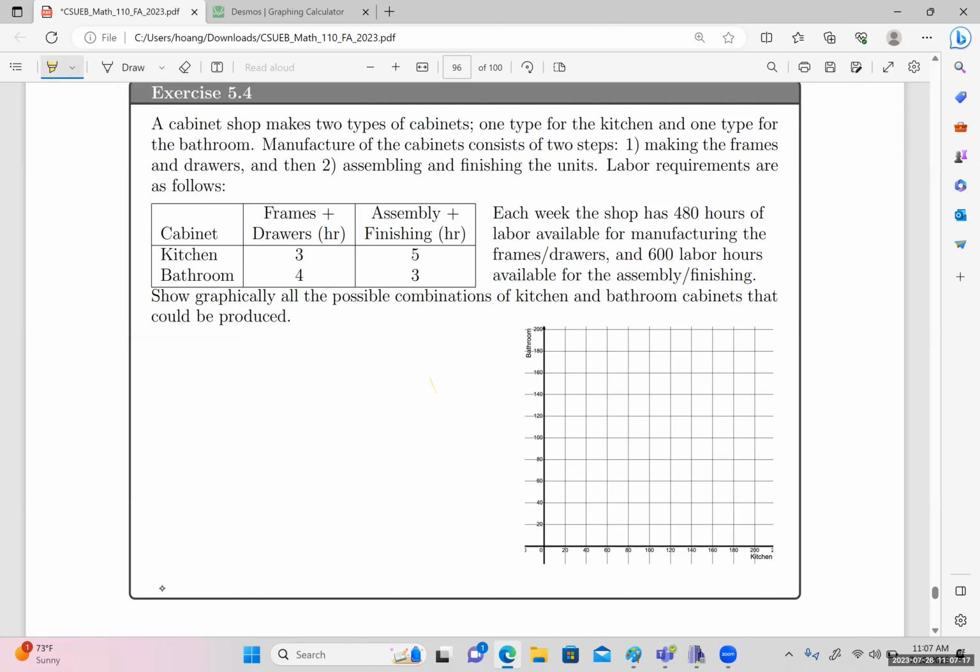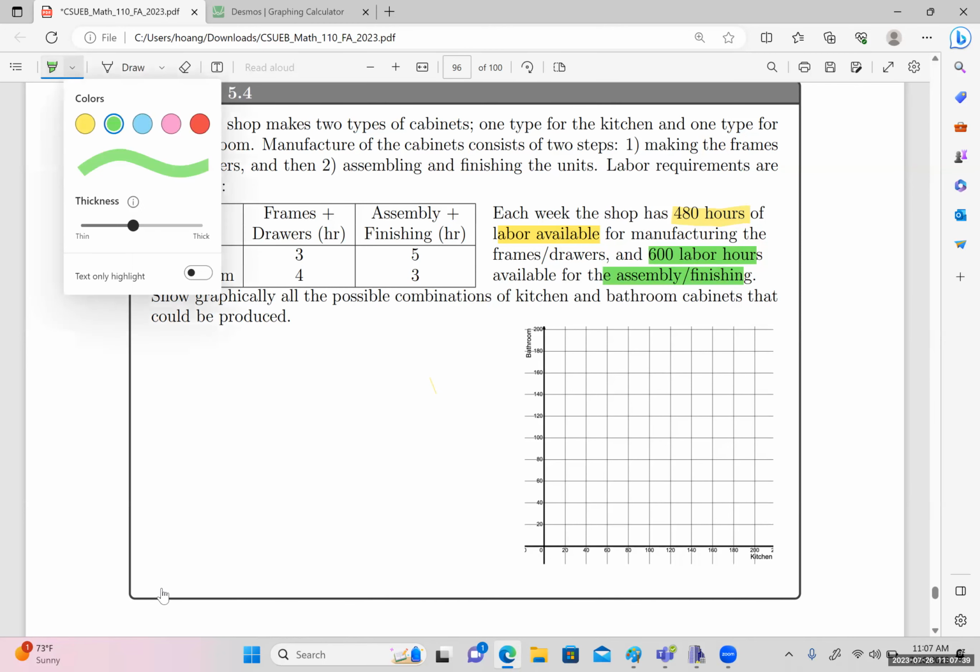Each week, the shop has 480 hours of labor available for manufacturing, and 600 labor hours available for assembling and finishing.